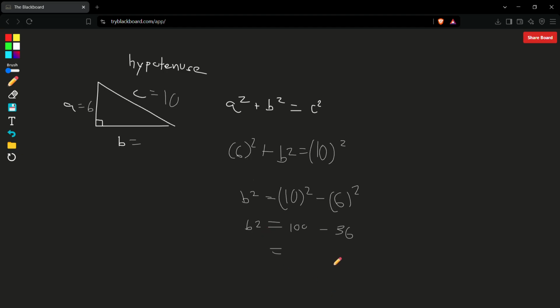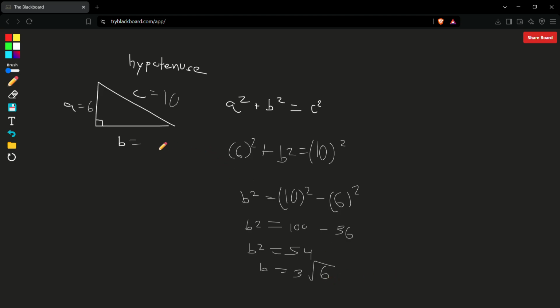Subtract those, and we have 54 for b squared. We need the square root of 54. The square root of 54 is 3 times the square root of 6.